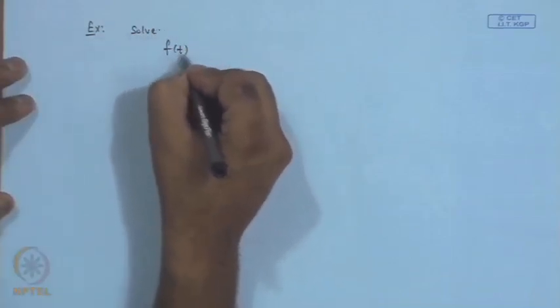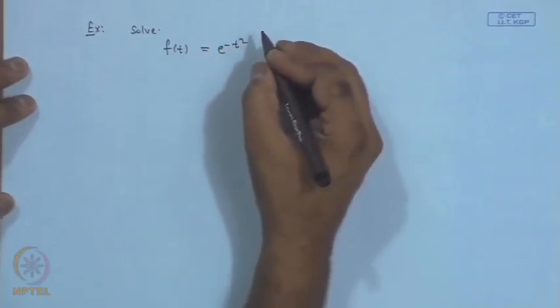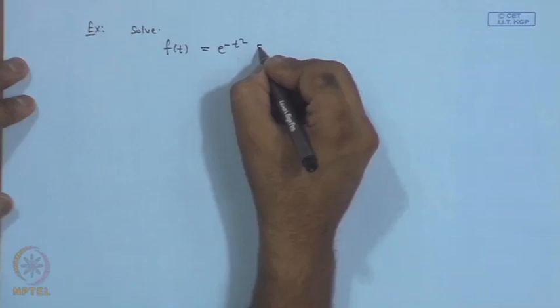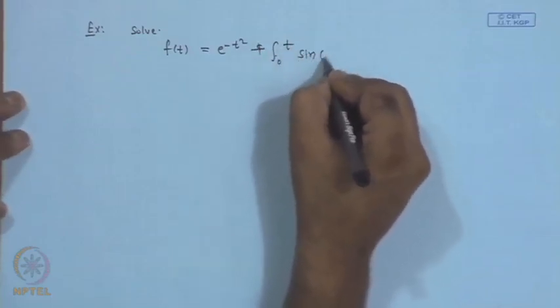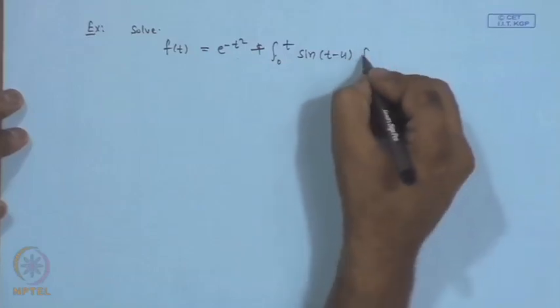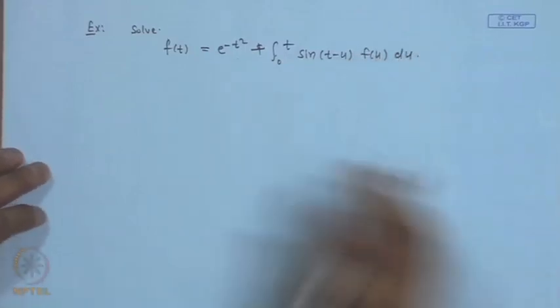So, if we want to solve the integral equation f(t) = e^(-t) plus the integral from 0 to t of sin(t minus u) f(u) du.